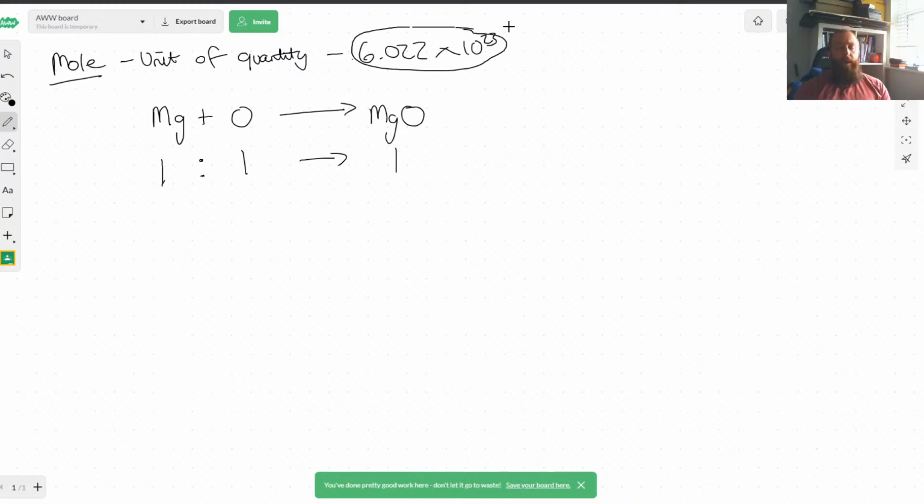So by weighing them, we're effectively counting them as well. This is quite useful because atoms are too small, and we couldn't physically count them ourselves.